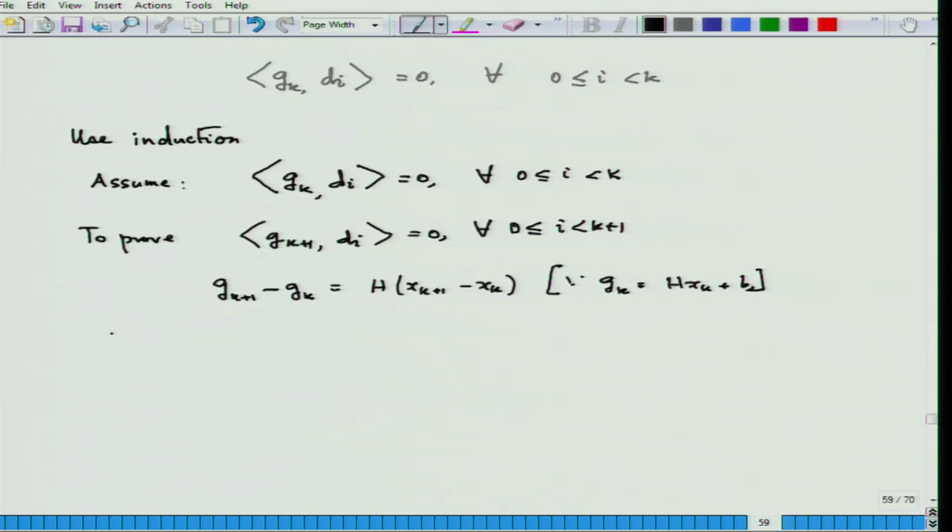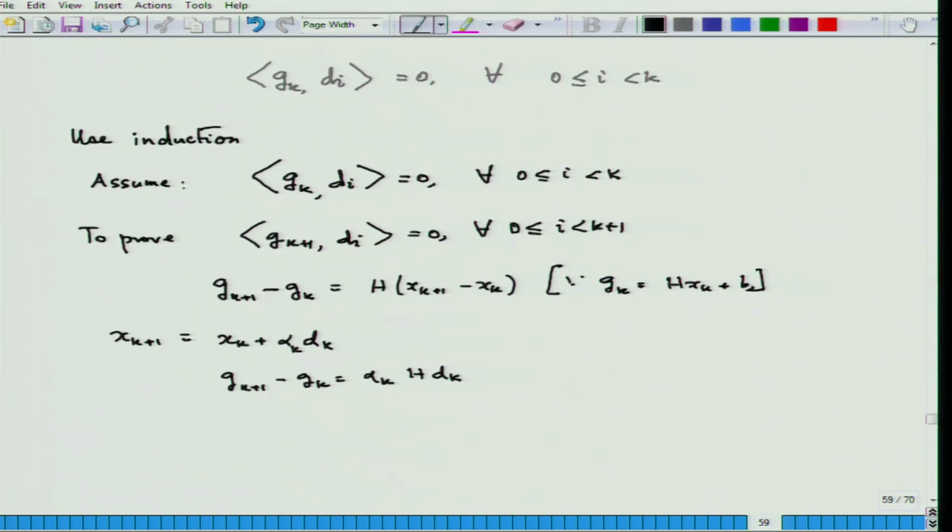Now, of course, you know that x_(k+1) is x_k plus alpha_k d_k, that is how you update using the conjugate gradient direction. So then g_(k+1) minus g_k, I can write this as alpha_k H d_k.